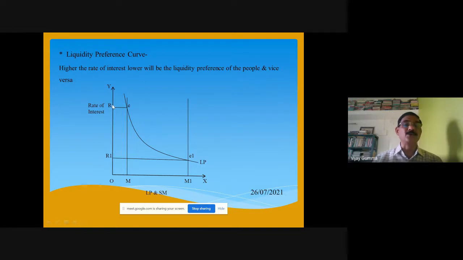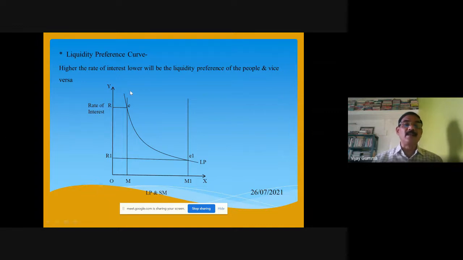According to John Maynard Keynes, though liquidity preference of the people determines the equilibrium rate of interest, in reality the rate of interest is determined by the equality between the liquidity preference of the people, that is demand for money, and supply of money.